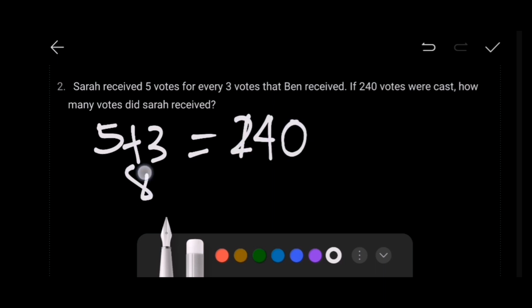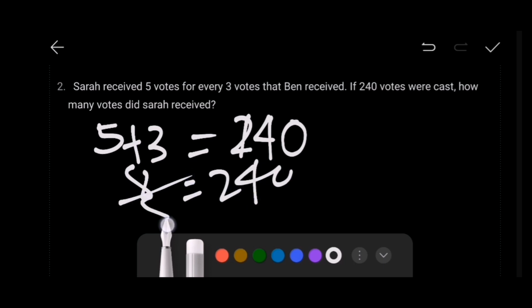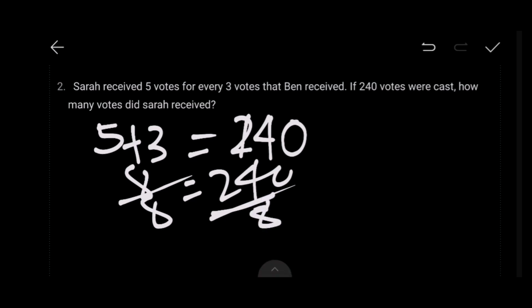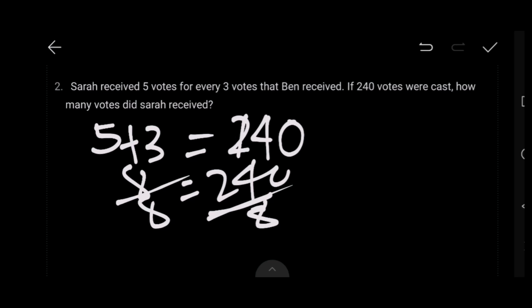We have 8. Divide 240 by 8. Ilan? 240 divided by 8, we have 30.